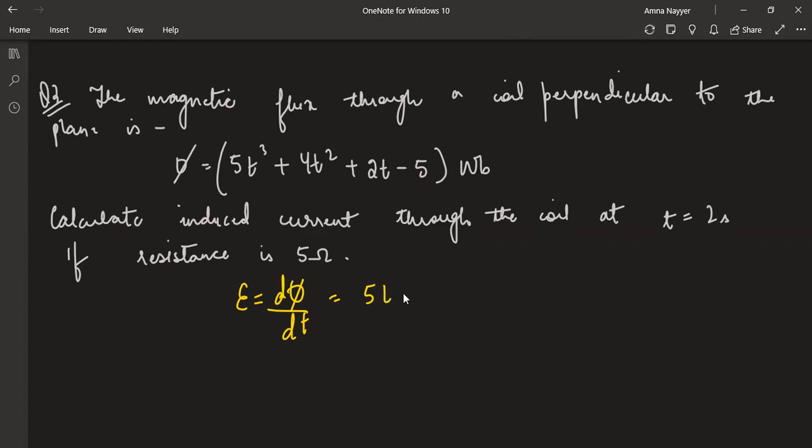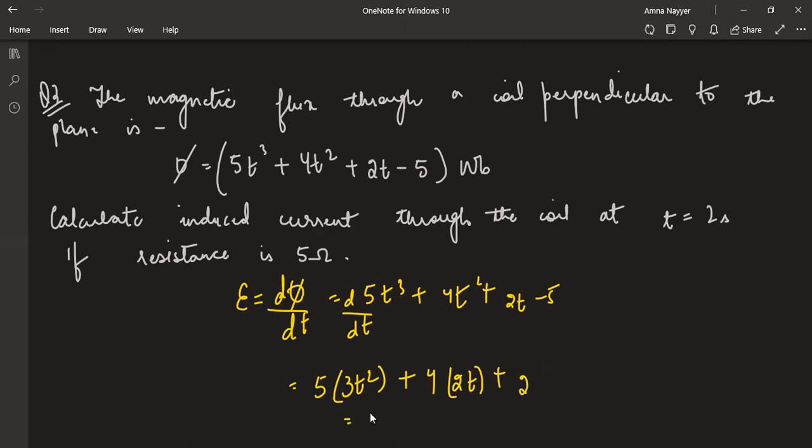See, 5t cube plus 4t square plus 2t minus 5. You are differentiating this, d over dt. So you get 5 times 3t square, plus 4 times 2t, from here you only have 2, and the constant will be 0. So what do you get? 15t square plus 8t plus 2.